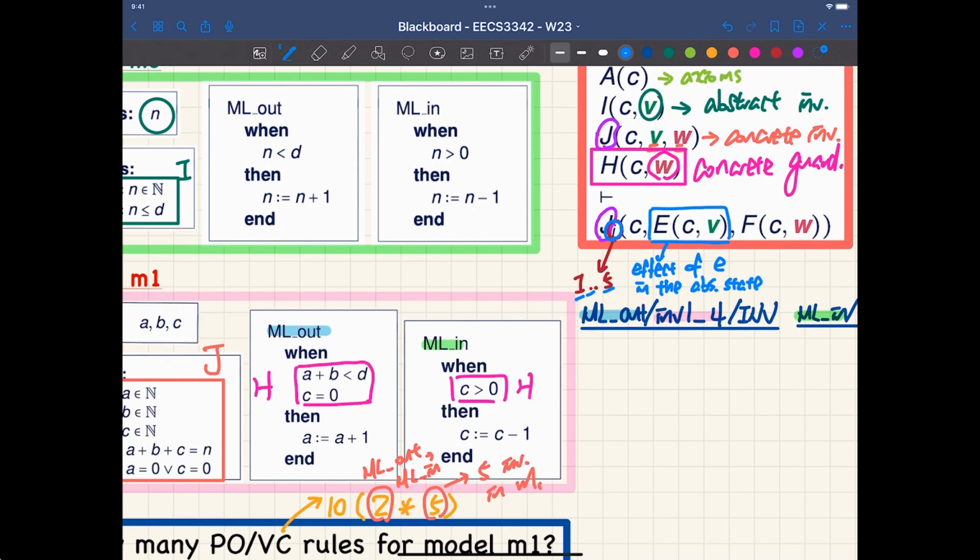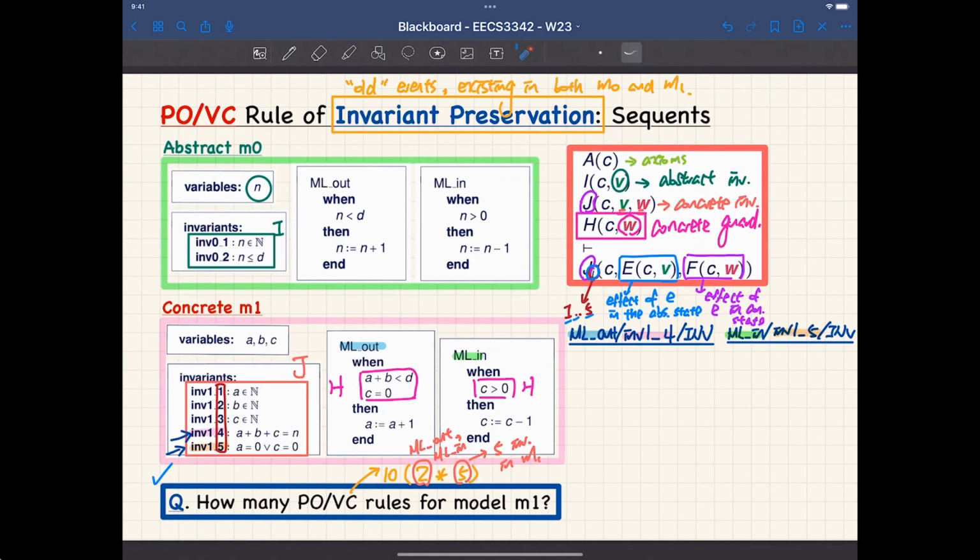And this one over here, F, will be the effects. And I'll give you one example right away of the same events, E in the concrete states. For example, if we look at ML out, E here is n plus 1. F here is a plus 1. That's kind of the substitution we have to do.